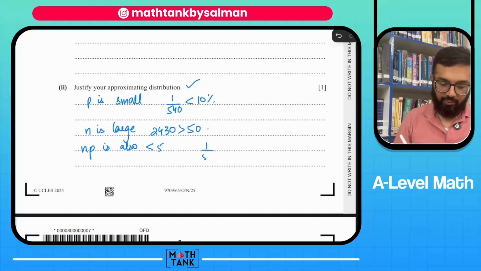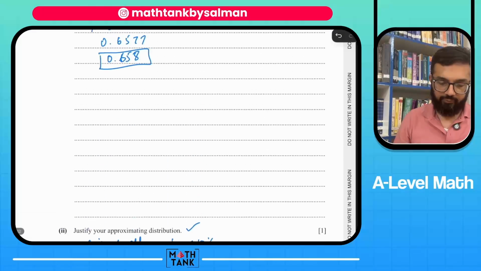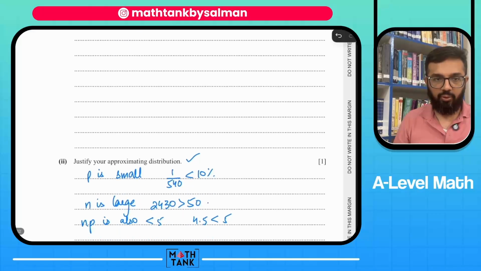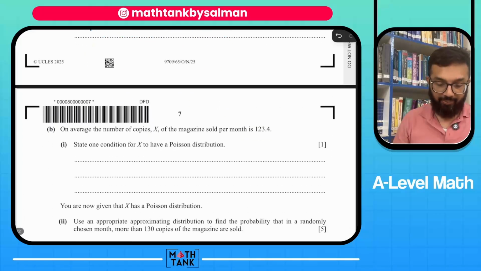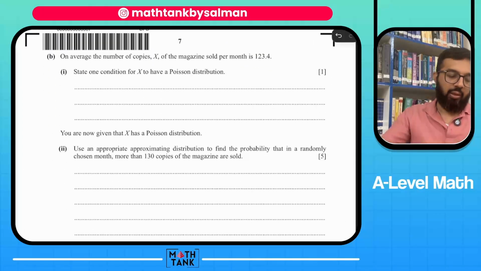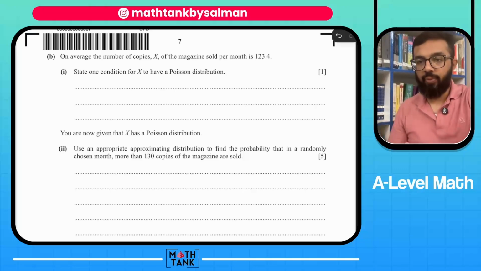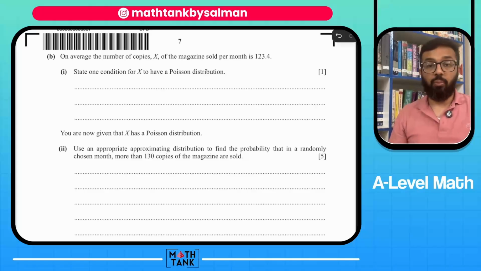So np is 4.5, which is less than 5. So I've justified why I'm not using a normal distribution. I've also justified why I am using a Poisson distribution. On average, you have to do that whenever it's a justification question. There's no going back on that. Justification means that you have to justify why you're not using the other thing as well.